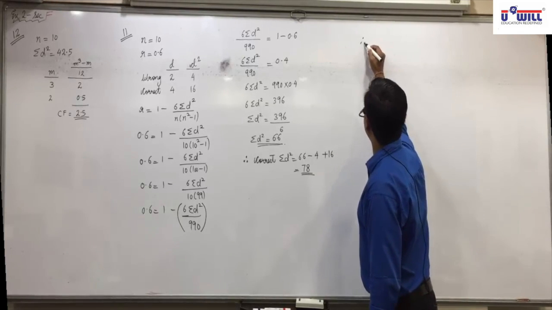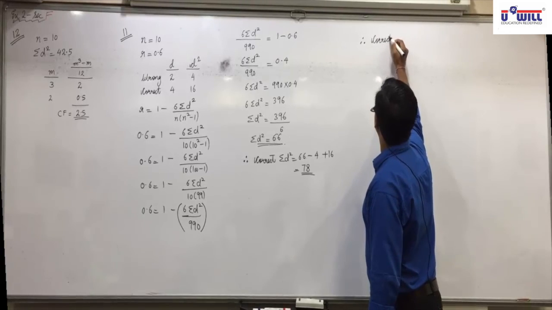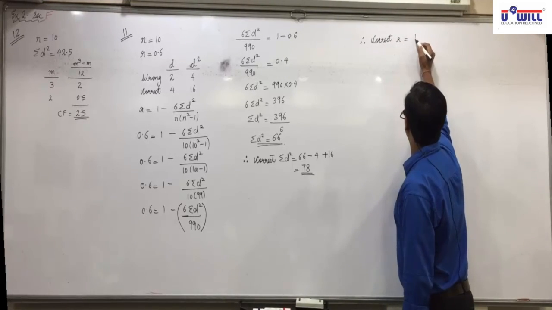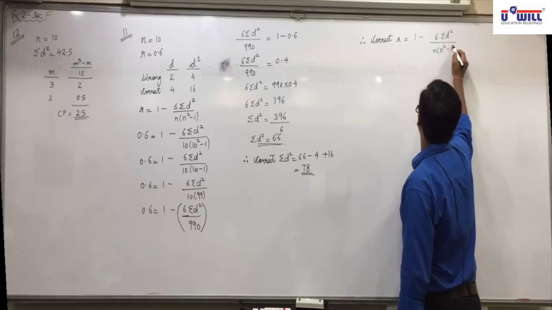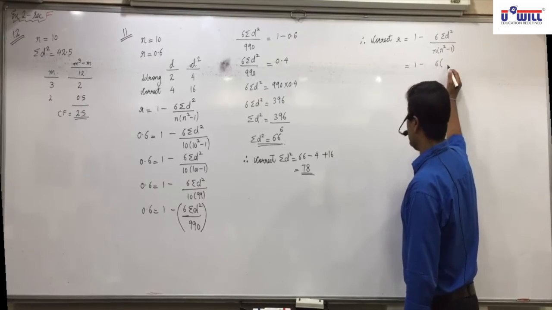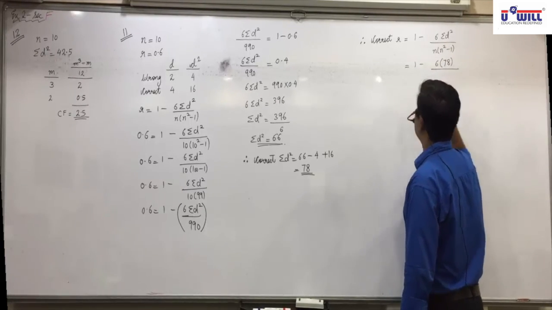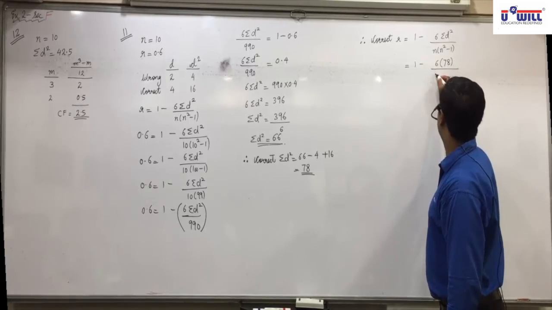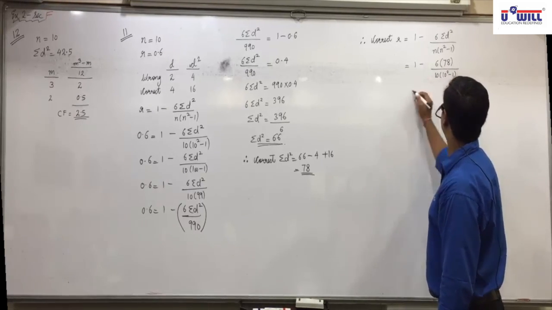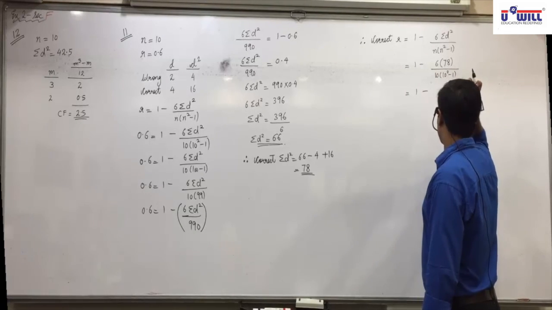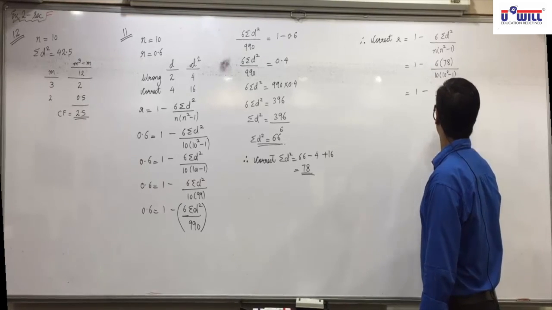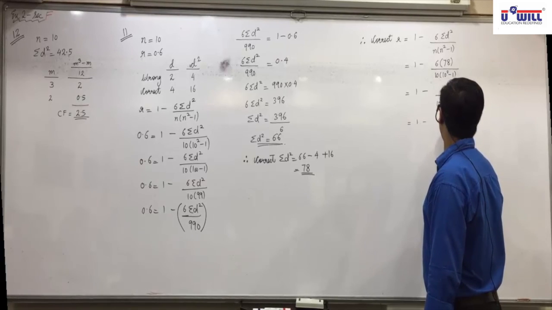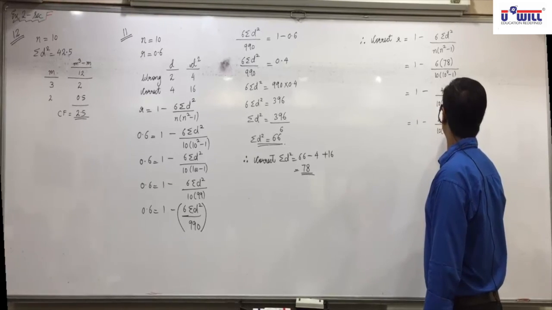So again, correct R is equal to 1 minus 6 sigma D square upon n into n square minus 1. 1 minus 6 into 78, upon 10 into 10 square minus 1. 1 minus 468 upon 10 into 100 minus 1. 1 minus 468 upon 10 into 99. 1 minus 468 upon 990.